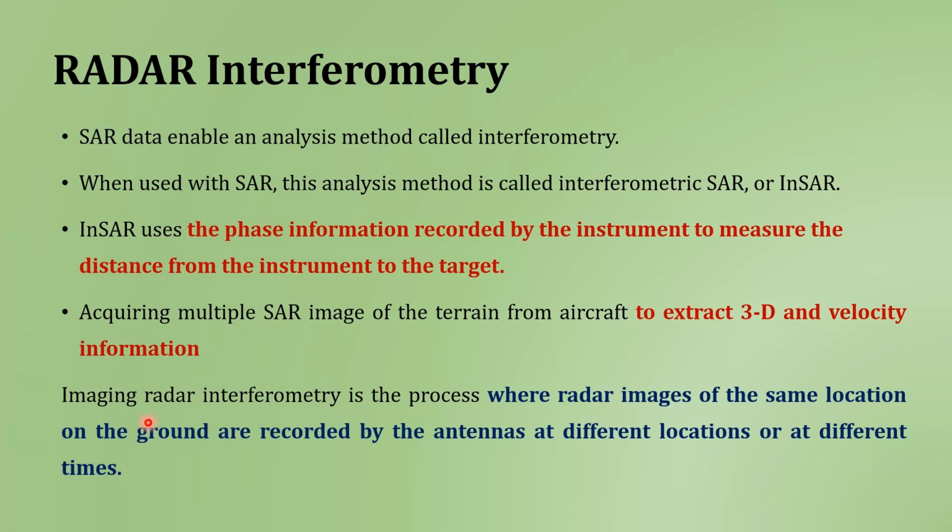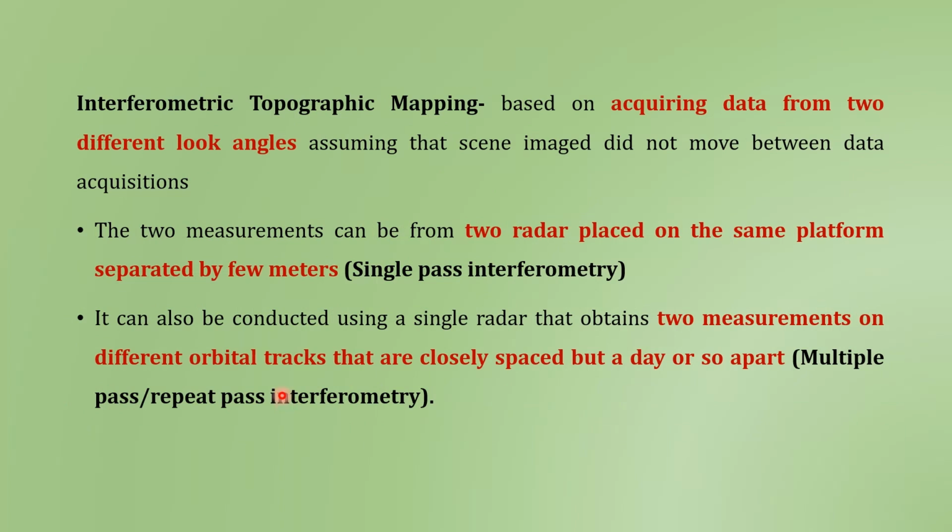So imaging radar interferometry is the process where radar images of the same location on the ground are recorded by the antennas at different locations or at different times. Imaging radar interferometry can be used for interferometric topographic mapping or interferometric velocity mapping.